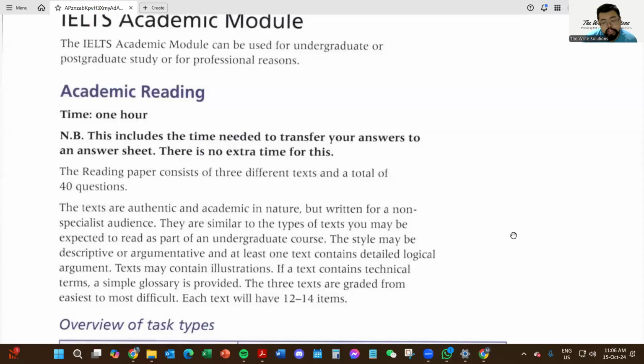It can contain illustrations. If a text contains technical terms, a simple glossary is provided. Now, a glossary is just a small dictionary. It'll define some technical terms, okay? For example, carbon emissions might be defined as some kind of pollution caused by the emissions of carbon from, for example, a car or a factory.